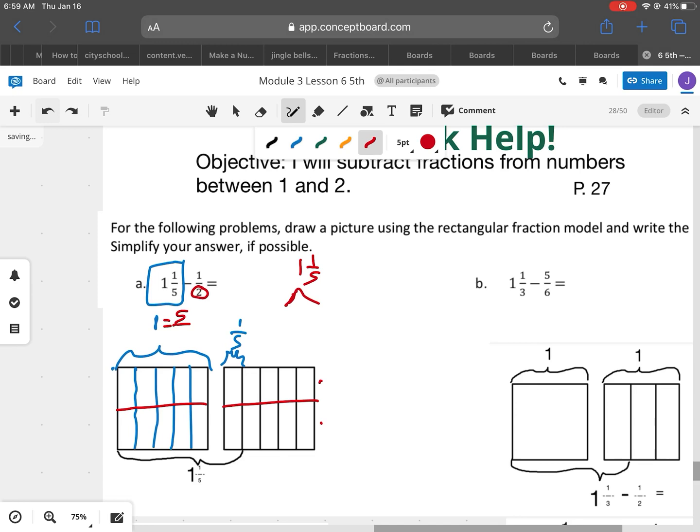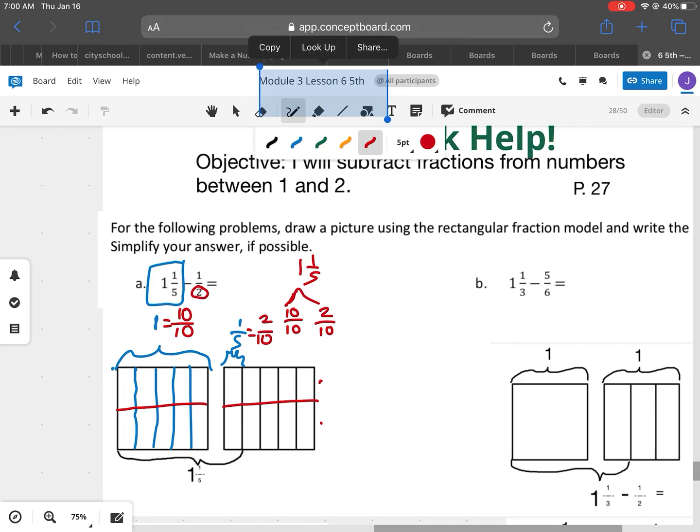Excuse me, my mistake. I was looking at the half. We have 10 tenths. And over here, that 1/5 becomes 2 tenths. So we have 10 tenths, and we have 2 tenths, and we're going to subtract half.